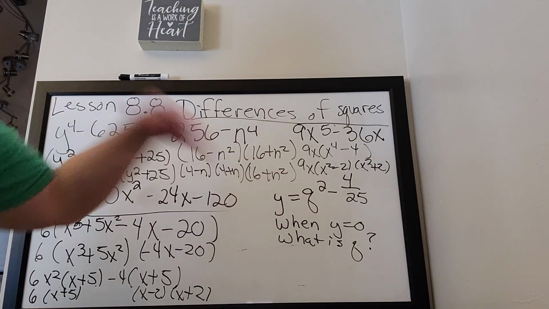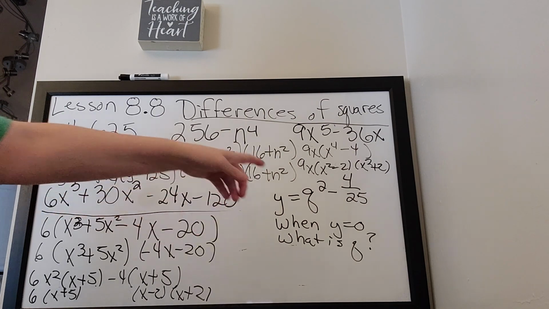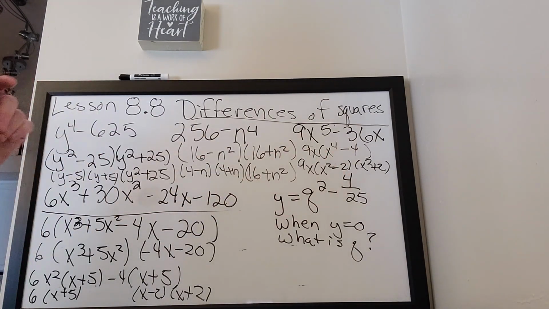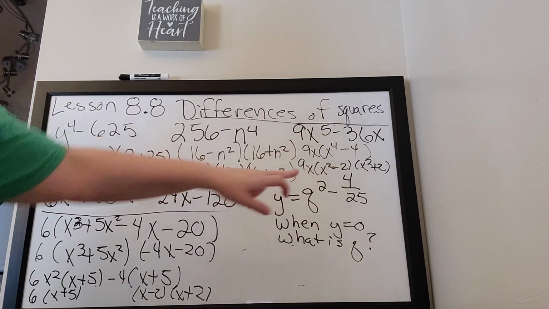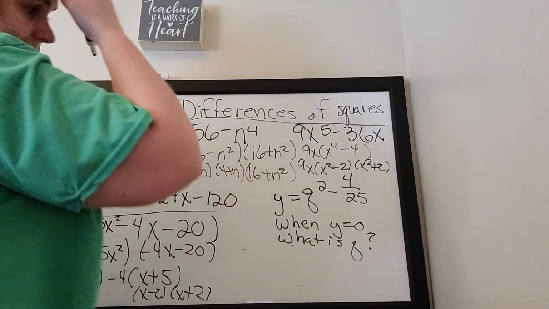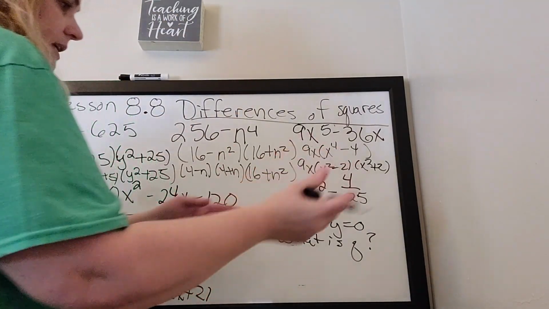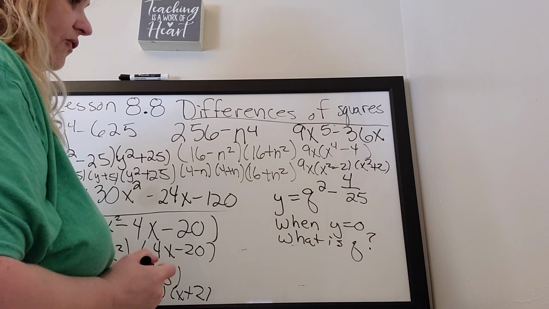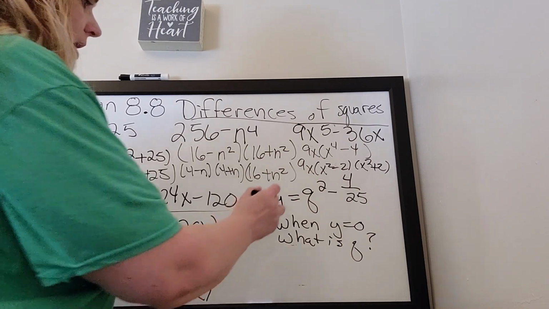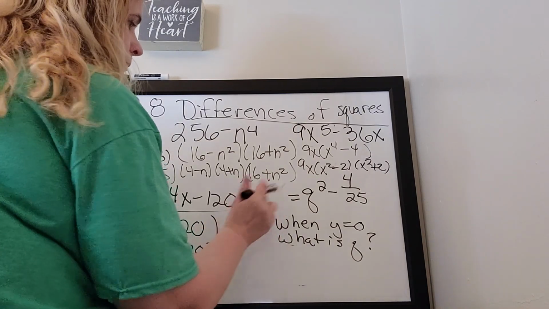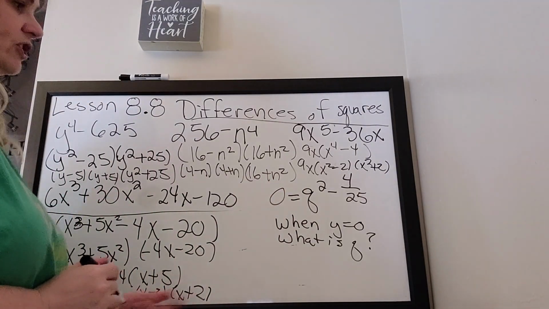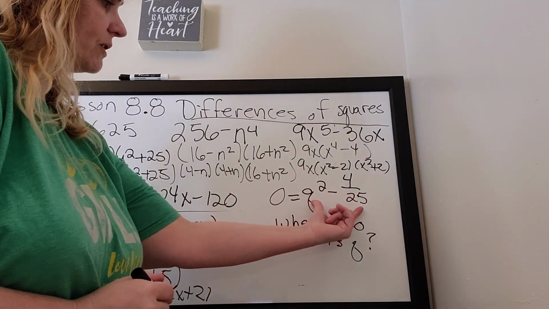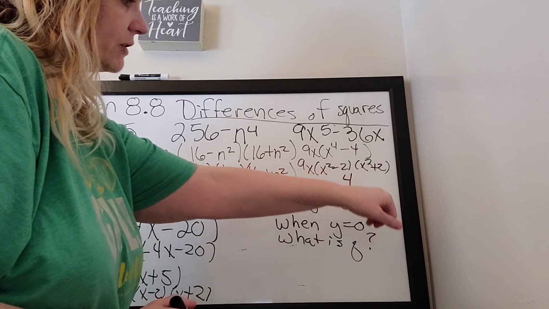Here's a different type. We have y equals q squared minus 4 over 25. When y is 0, what is q? So basically we're solving like we did when we had an equal sign when we were factoring trinomials. So if we make this 0, we're just going to do like we were doing before. This is perfect square. If it's a fraction, that's perfect square, that's perfect square.